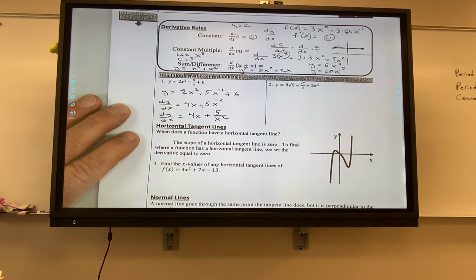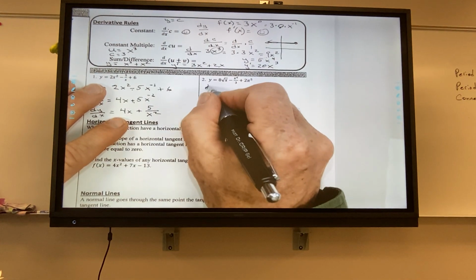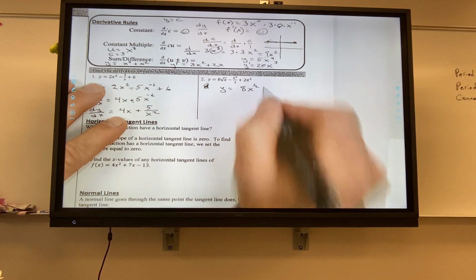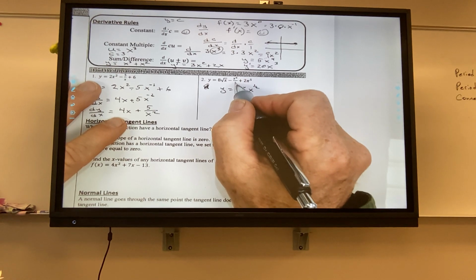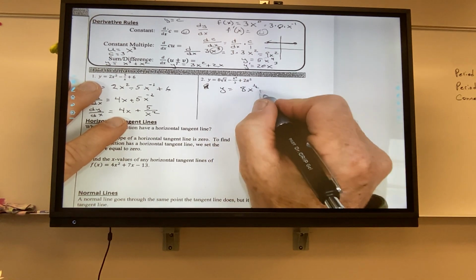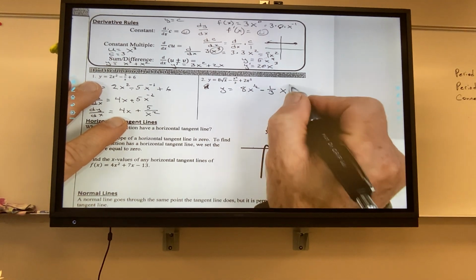Okay, I'm going to rewrite this, 8x to the 1/2. Now, you'll see me do this every single time. I'm dividing by 3. I write that as a negative 1/3 x to the 6.